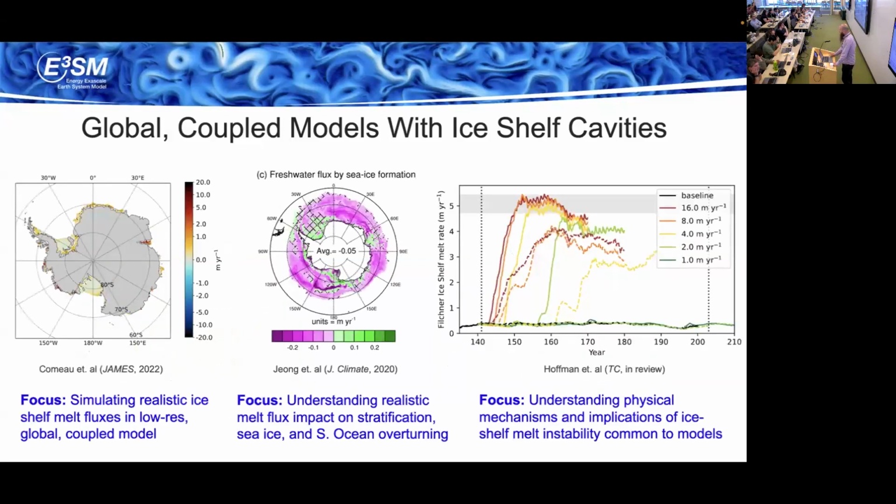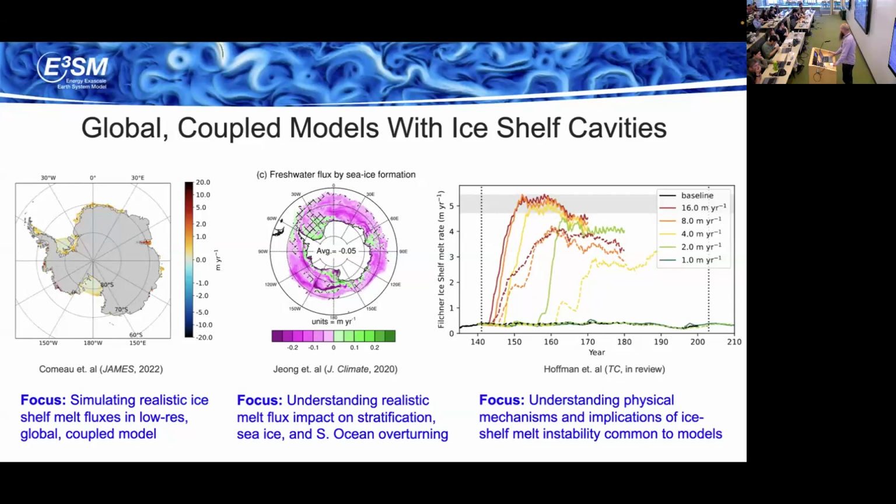Some of the questions that we can address here is trying to simulate these ice shelf melt fluxes in a low-res global coupled model. That's what we did for V1. We can also use this to understand some specific polar processes. So how the ice shelf melt fluxes influence, say, sea ice formation through a water mass transformation analysis that was done by one of our postdocs a couple of years ago.